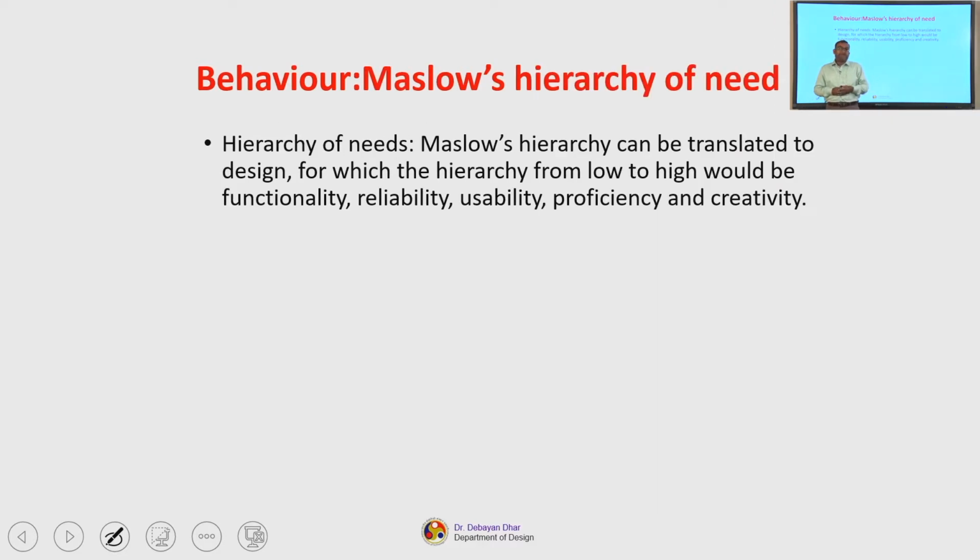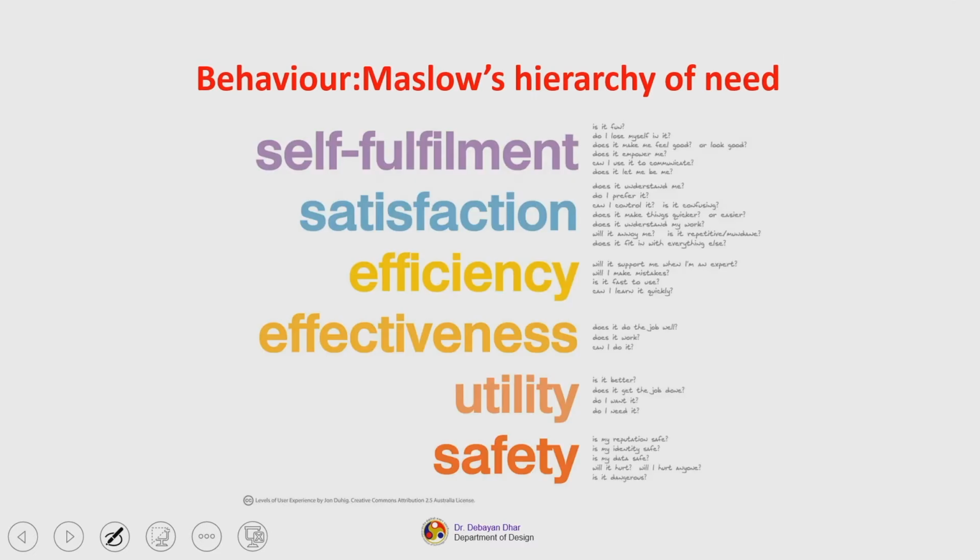The next principle for behavior, which many a time is extensively used in the design of complex systems, is Maslow's hierarchy of need. Maslow's hierarchy of need can be translated to design, for which the hierarchy from low to high would be functionality, reliability, usability, proficiency and creativity.